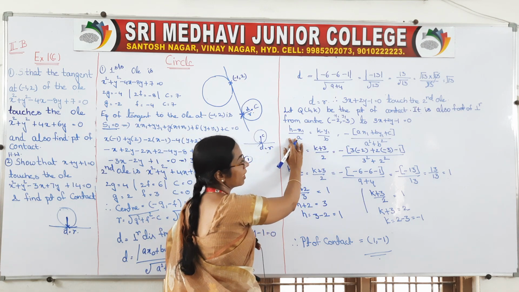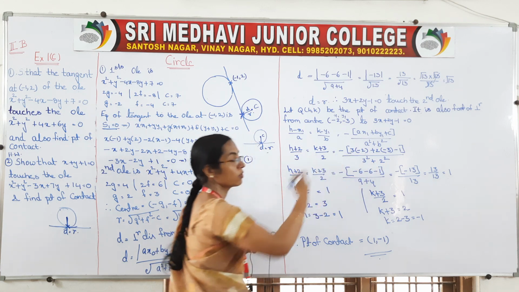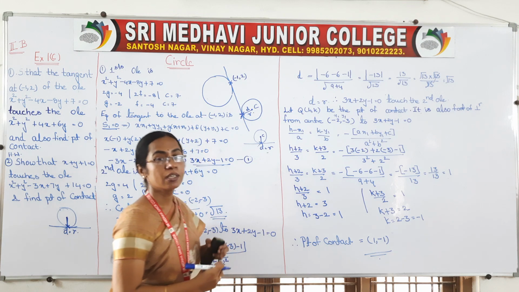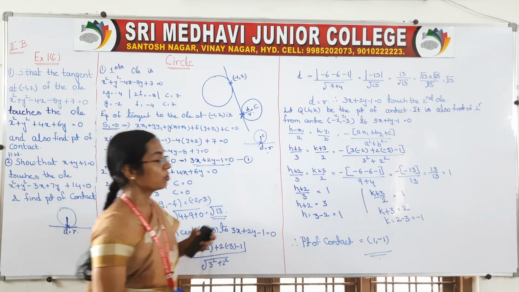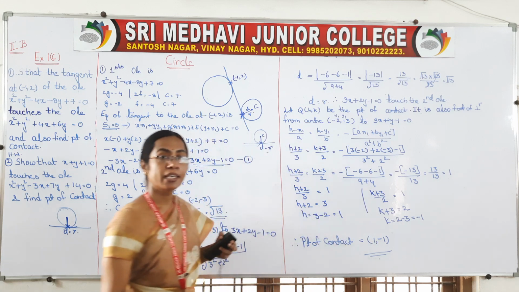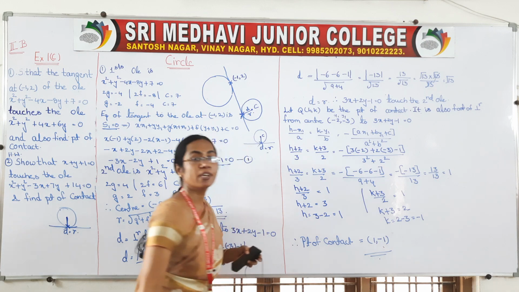So you will get one h term equal to one k term equal to a constant. Equate the h term to the constant, you will get your h value. Equate the k term to the constant, you will get your k value. So finally the point of contact is this one.